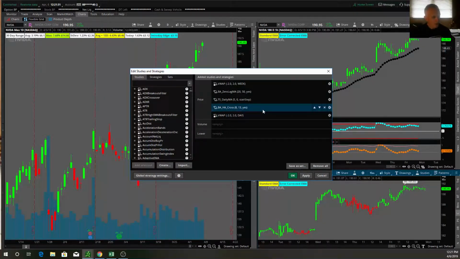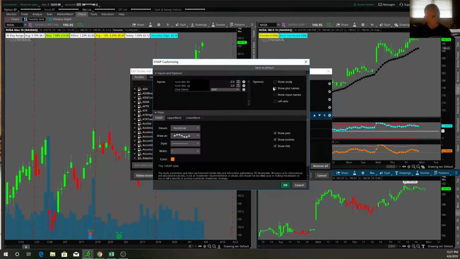All right. First thing we're going to add is the daily VWAP. How you set it up for a daily time frame is you go right there and select. It has day, week, month. You want one of these to select it as daily. I change it so it has a different look to it. I deselect the upper and lower bands, so deselect that show plot.